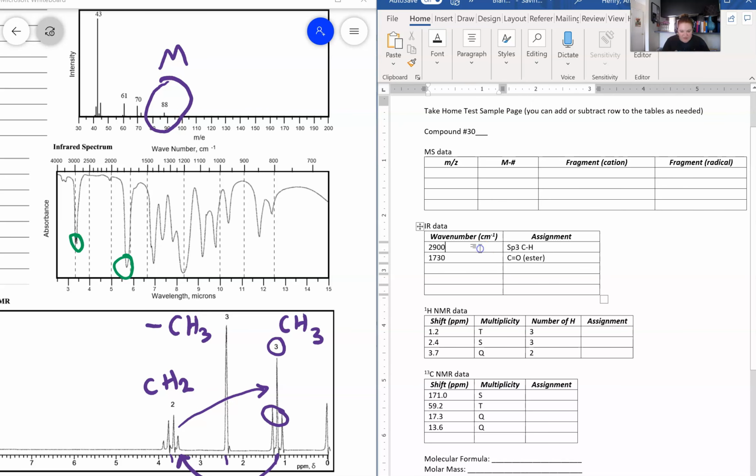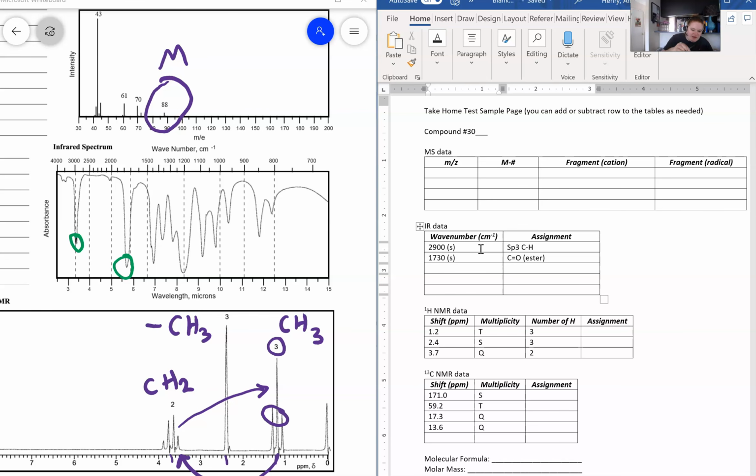And then I'm also going to add over here that peak at 2900, we're going to label it as strong. And that peak at 1730, I'm also going to label that one as strong. And that's all I'm going to label. So the IR does also give us information about peaks that we don't see.